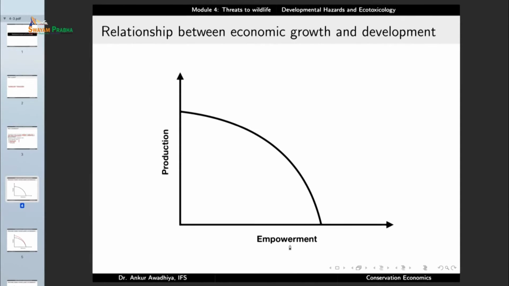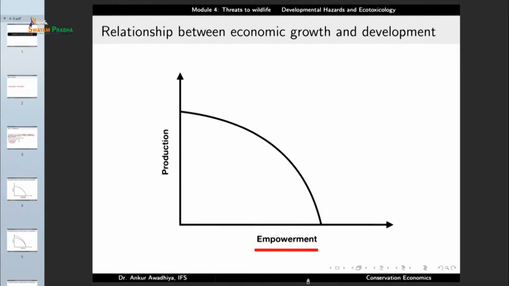So, for instance, if you want to empower people, this empowerment can be taken as an indicator of development. Because when people are healthy, when people are educated, and when people are financially capable of doing things, then they are more empowered than when people are, say, unhealthy or illiterate.